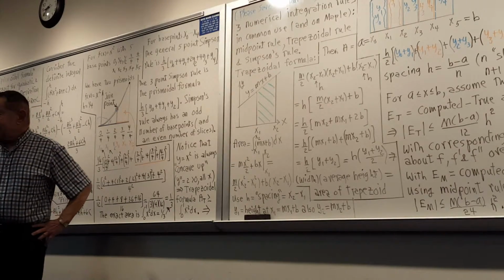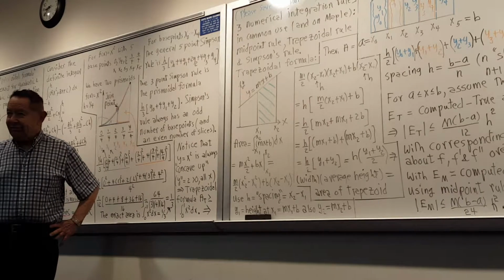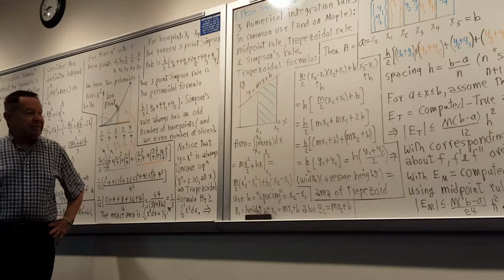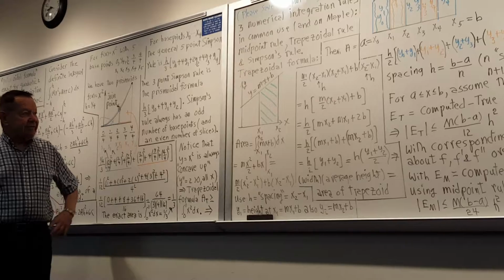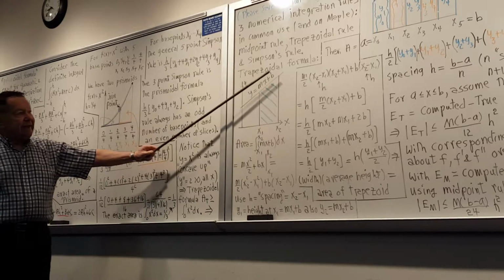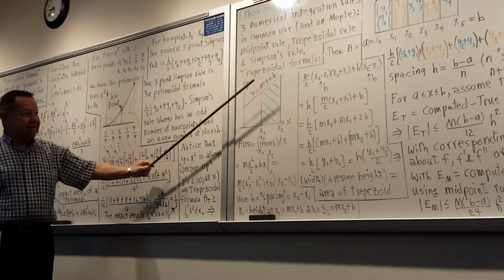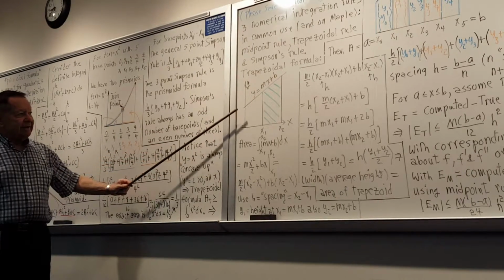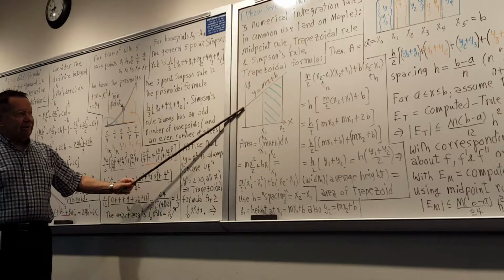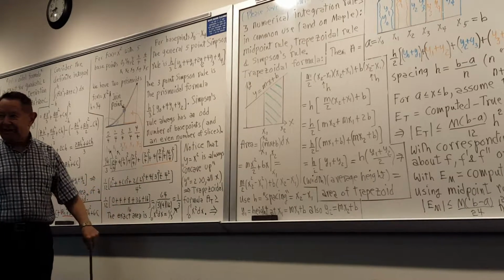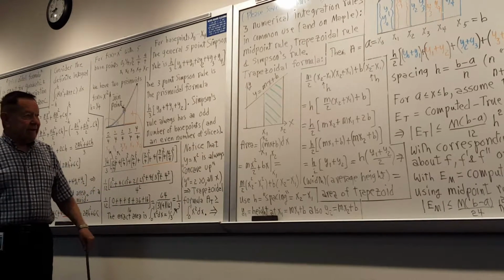You can certainly get the exact formula for the area because you're thinking of the edge up here as a line that's possibly slanting with slope m and that intersects the y-axis at some value b.